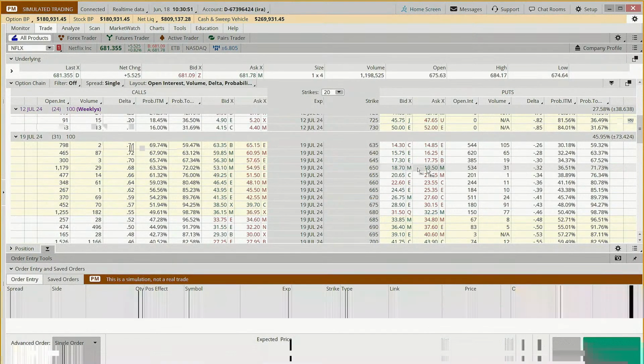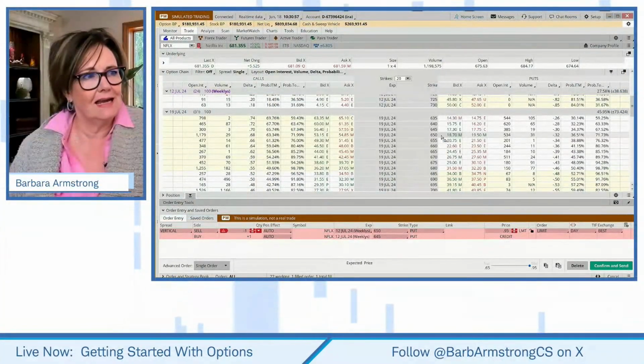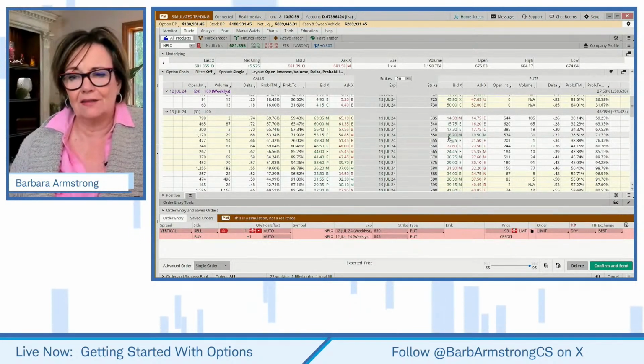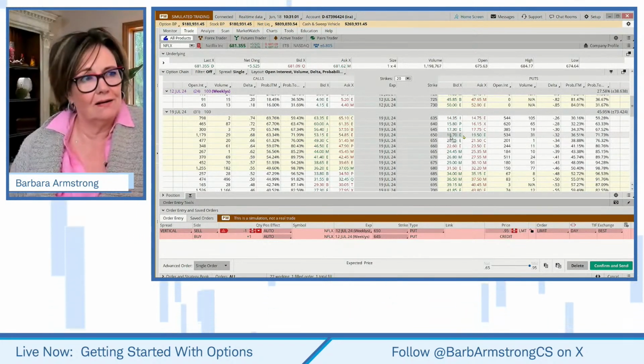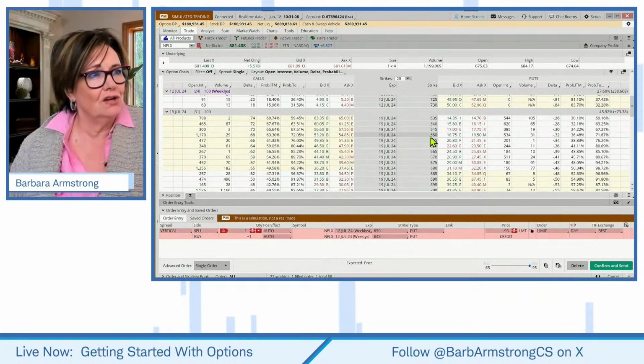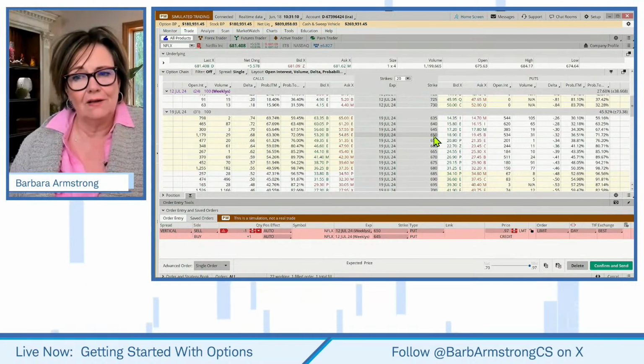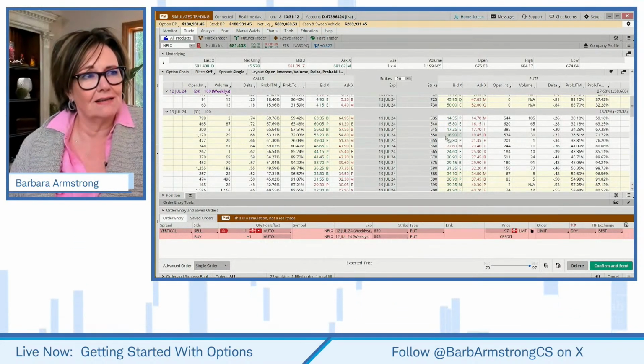And then someone asked me in a survey yesterday, can you talk about when I might want to use a vertical instead of just buying the put or selling the put? Well, if you sell the put, and the stock is put to you, you now have a $65,000 position. If you have a small account, you can't afford to take that risk.